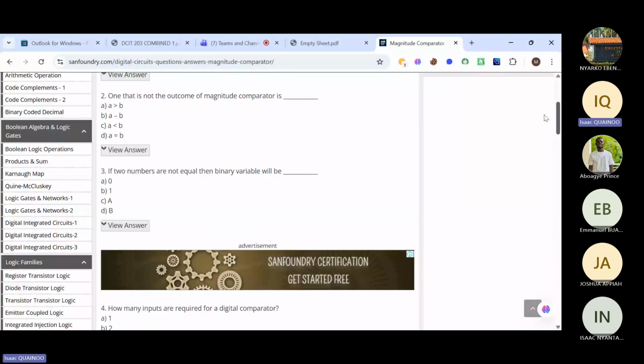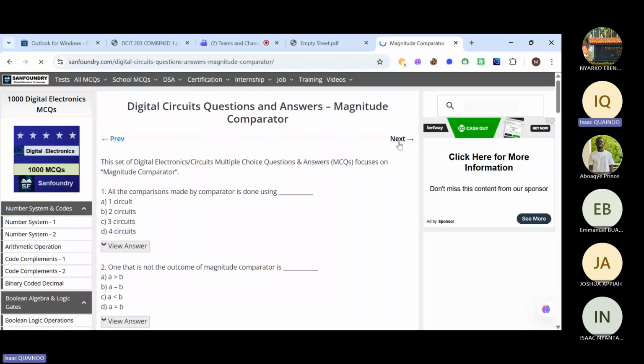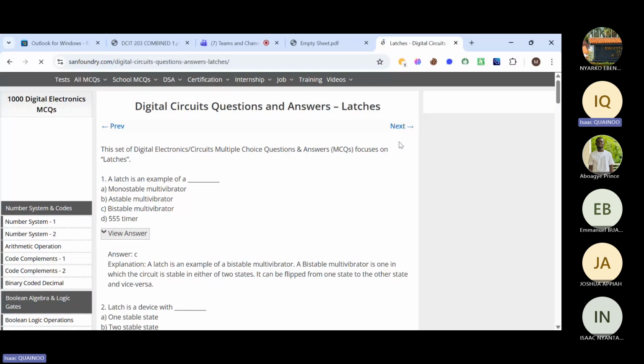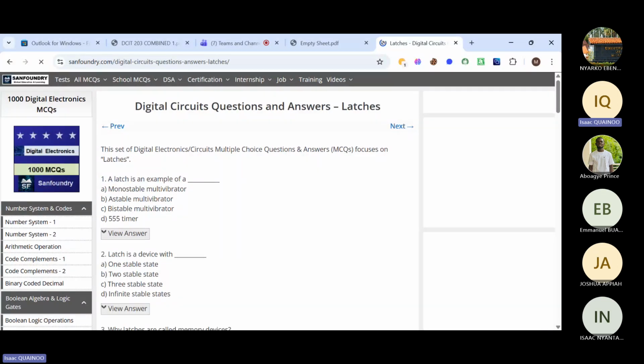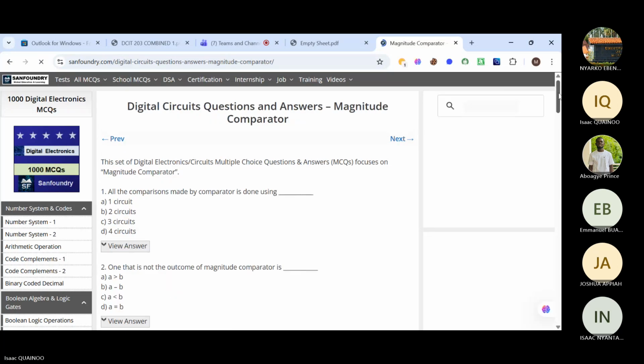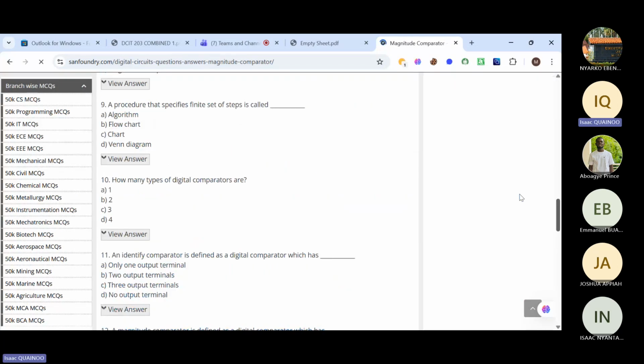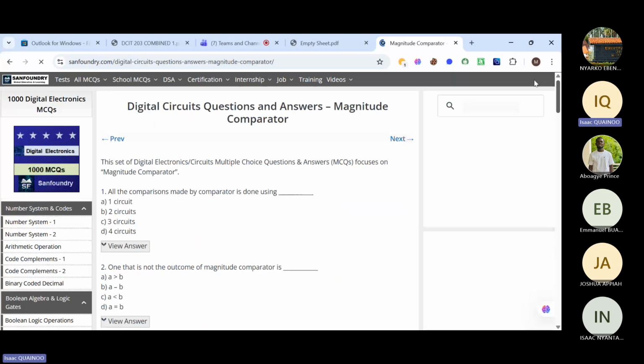Let's see if we have other questions on the magnitude comparators. All right, I think those are all the questions we have here on the magnitude comparators. Thank you for joining tonight's session.